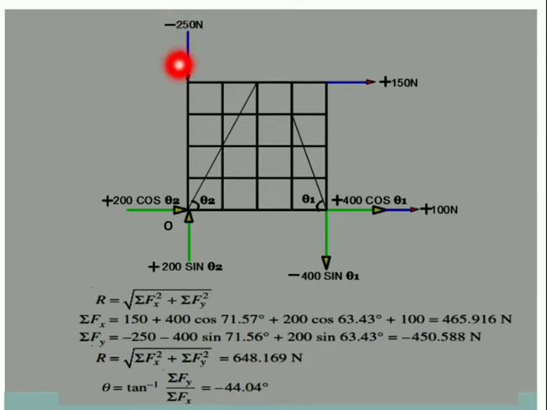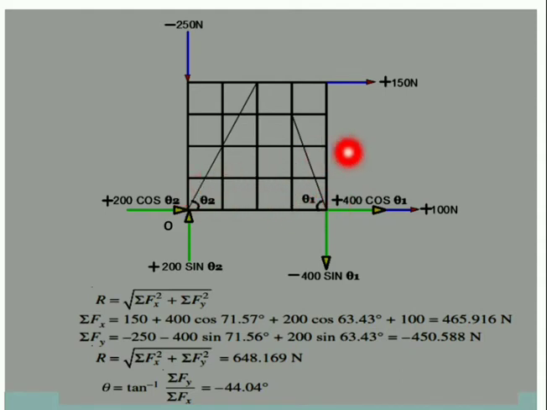This force, when extended, passes through O, so it will not produce any moment. Similarly, these two horizontal forces, 400 cos theta 1 and 100 Newton, both pass through point O, hence they will not cause any moment.